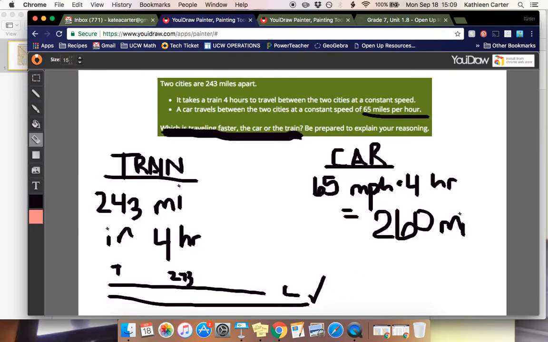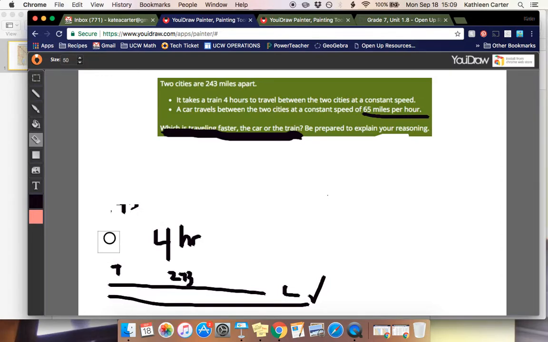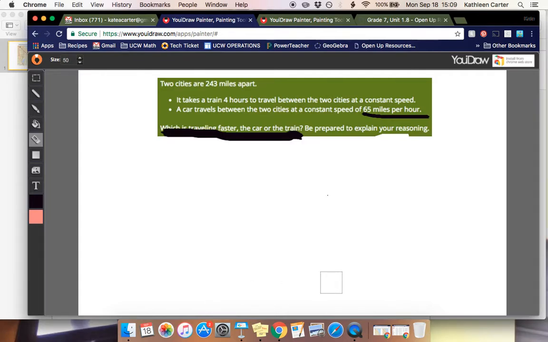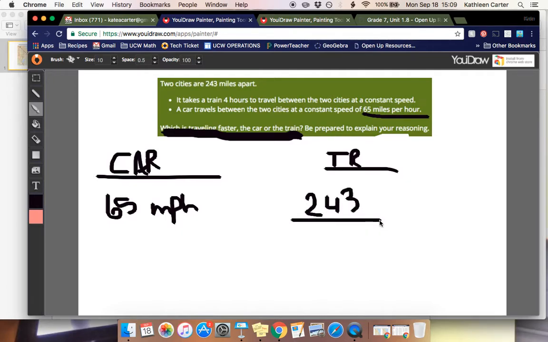So that was a major strategy that I saw a lot of people using. I just want to highlight another strategy that some people were starting to get toward. It's a little bit more computationally complex, but I also think it's useful for thinking about speed. We know that the car is traveling 65 miles per hour. Instead of comparing distances, now let's compare speeds. So the car is at 65 mph. Now we want to get the train to something we can compare. It can go 243 miles in 4 hours.